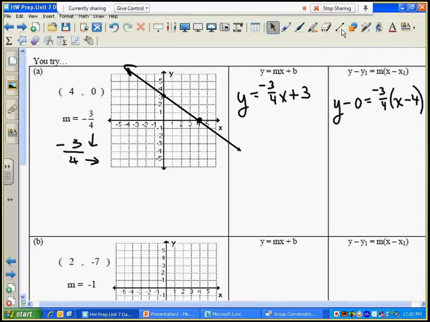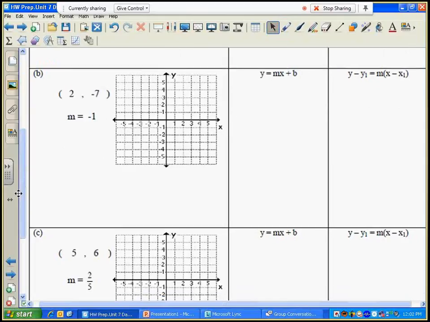All right, second example. Go for it. All right, 2, negative 7 somewhere down here. And you'll have a slope of negative 1 over 1. So down 1, right 1. So we're going to run out of room down here on the bottom, but we could work that pattern backwards. We could go up 1, left 1. We'll end up with this pattern here.